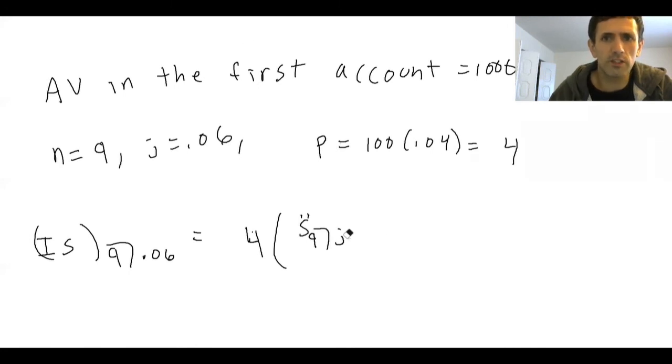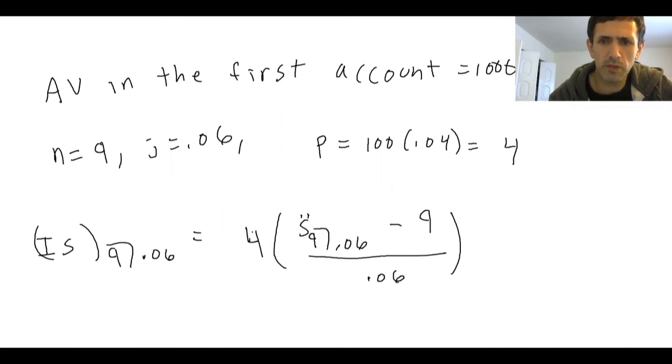J is 0.06, rather, minus N, which is 9, over 0.06. Let me pop this into my calculator real quick.